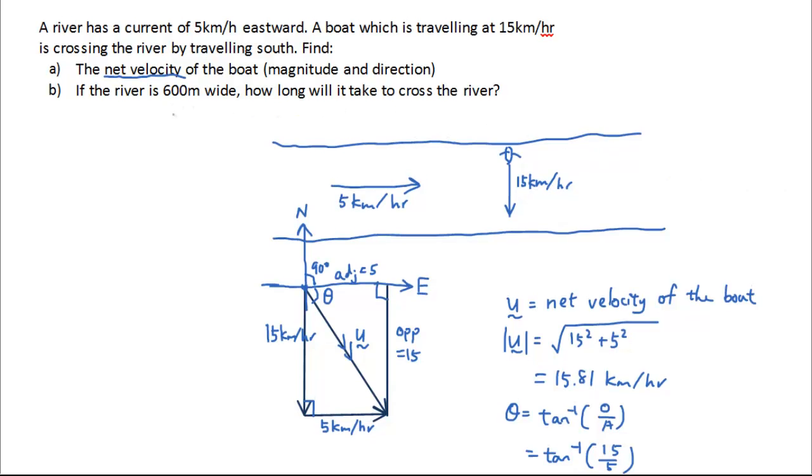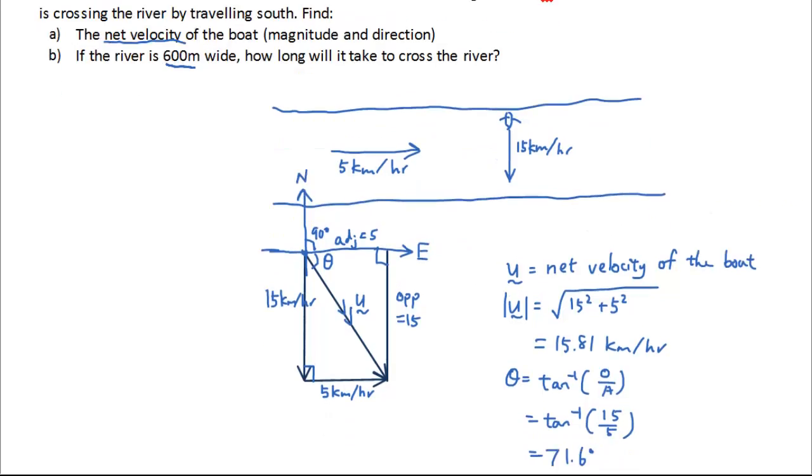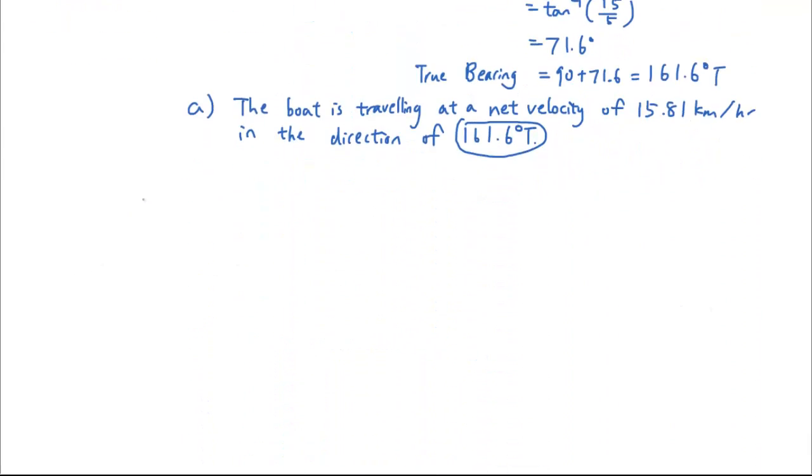Okay, so the next thing is, if the river is 600 meters wide, how long will it take to cross the river? Now, keep in mind that the boat is still moving downwards at 15 kilometers per hour, even though there is a current making it move to the east. This is where the boat is heading, because the current is moving it to the east.